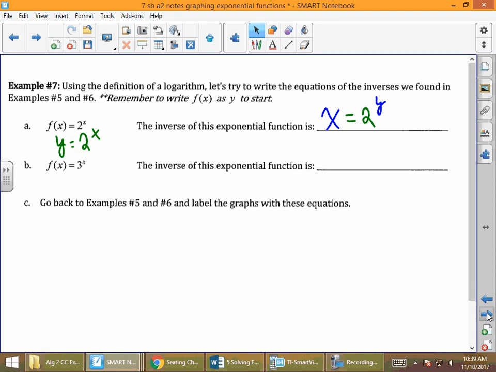So when we write this here, this one's going to be log base 2 of x equals y. I'm going to say it again, and I'm getting ahead of myself. I'm getting to Monday already. A logarithm is another way of writing an exponent. So from our exponential over here, x equals 2 to the y, the exponent equals y, so that's what the logarithm equals.